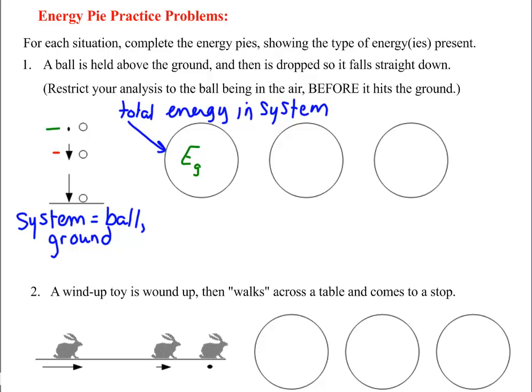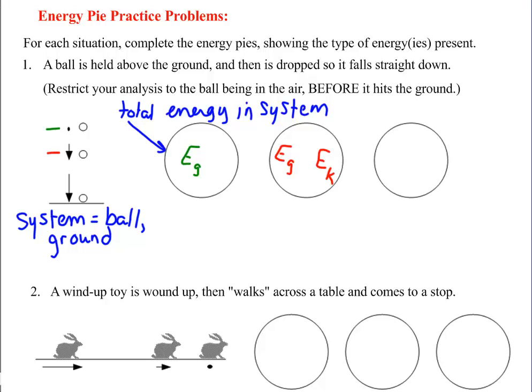My ball is starting to move, and I have a short arrow meaning it's moving, but not that fast. The longer arrow means it's moving much more quickly at the bottom. So it's still above the ground, so it still possesses gravitational potential energy. However, because it's moving, now it has kinetic energy. So my pie contains both gravitational potential and kinetic energies. If I look at the diagram, I can see that the ball is above the halfway point.